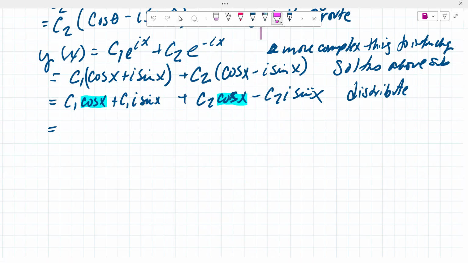And this is the sine terms. So what we want to do is group them together according to the colors. So we could do C1 cosine x plus C1 I sine x.